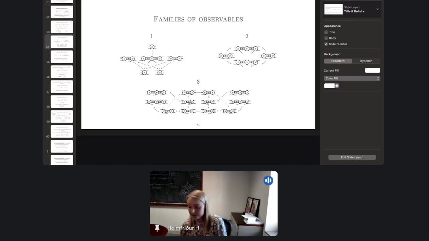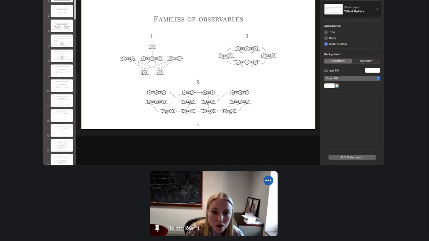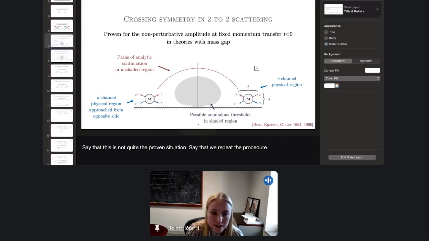Excellent question. Short answer is that it's still a very pressing, in my opinion, open question. Long answer is that in axiomatic field theory, we always have to have a mass gap. Things blatantly don't converge if we have massless particles, for many reasons. As I was saying in the beginning, for example, in the 2 to 2 proof, it's absolutely crucial that we have a mass gap, because otherwise this shaded region just goes to infinity.